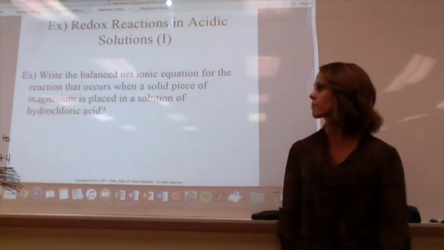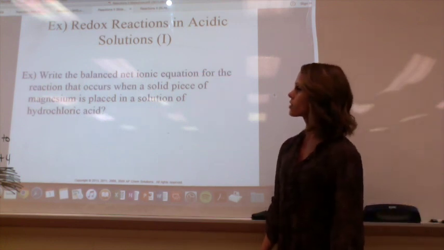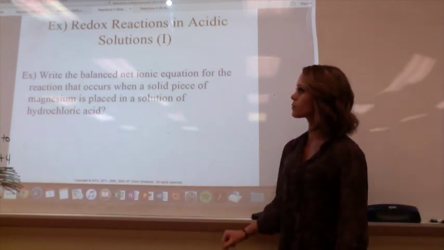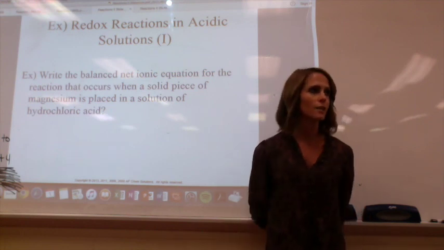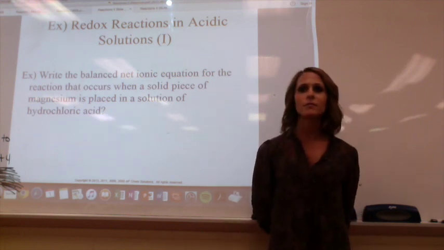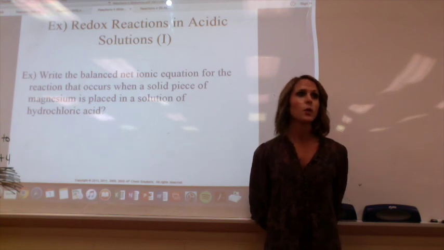So try it. Write an ionic equation for the reaction that occurs when a solid piece of magnesium is placed in a solution of hydrochloric acid. So magnesium, solid plus what? H+, right? Because it's an acid.